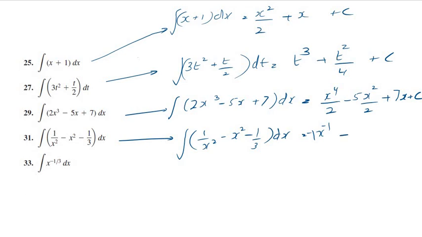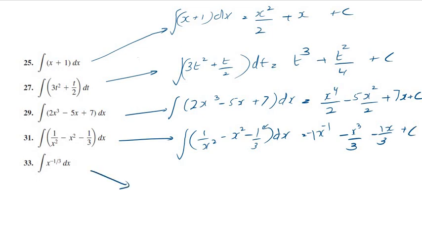Then here it is x to the power 2 and add 1, you get x to the power 3 divided by 3 minus, this is x to the power 0 here, so it's 1 over 3x, and minus x plus c.